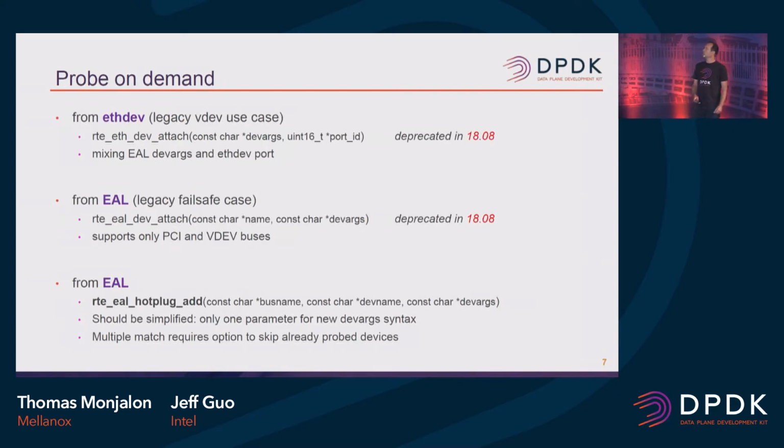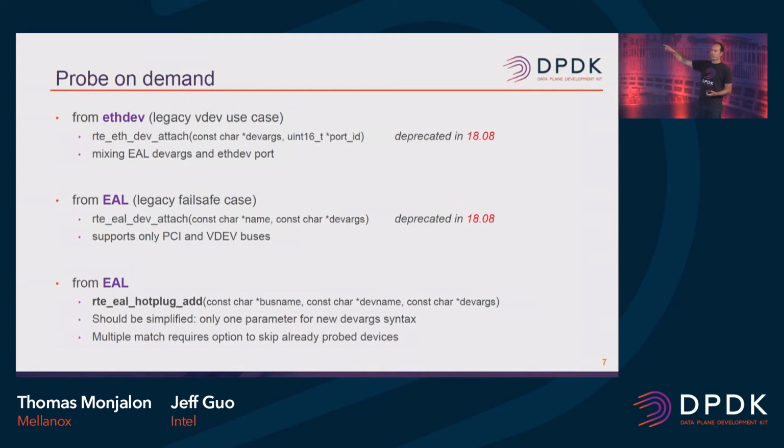Okay, now let's talk more about Hotplug. It's a kind of mess, but it's going to be better sorted now, more and more. So initially, we had an API in ethdev, which is ethdev attach. And you see, in this API, you have two parameters.